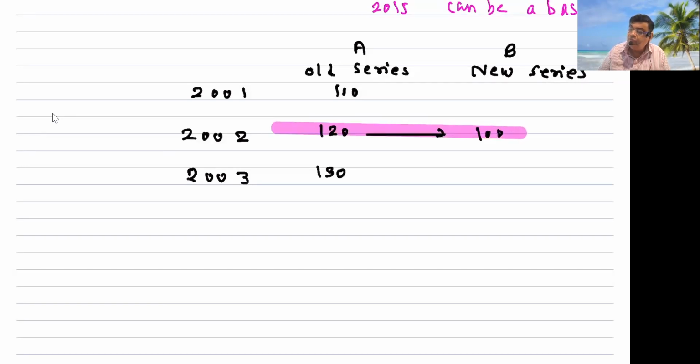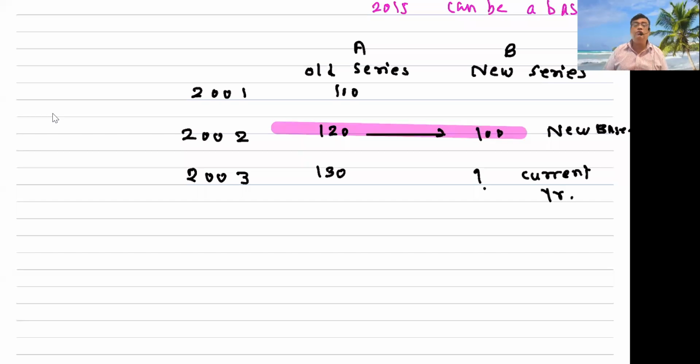This year is a new base year. And imagine I had to find this. So this year is the current year. जिसको निकालना है वो current year है.